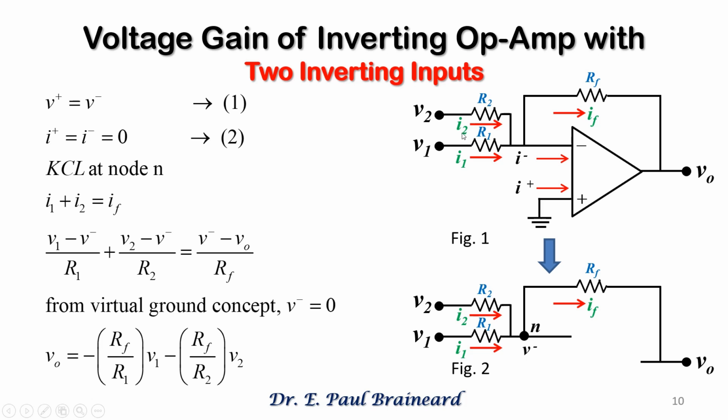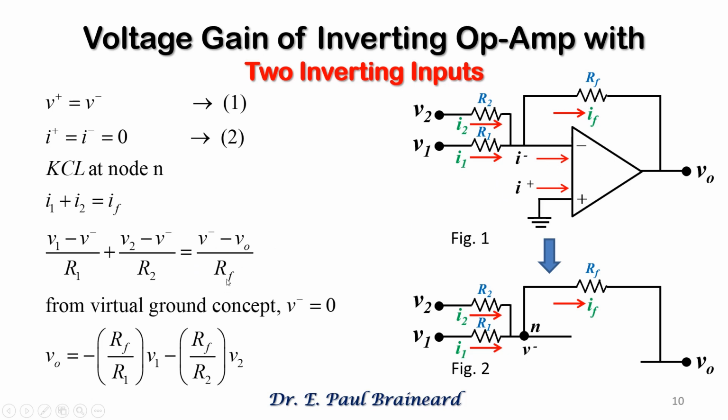Applying KCL at node N, I1 plus I2 is equal to IF. Using Ohm's law, I1 is V1 minus V minus divided by R1, and I2 is V2 minus V minus divided by R2, which is equal to V minus minus V0 divided by RF.